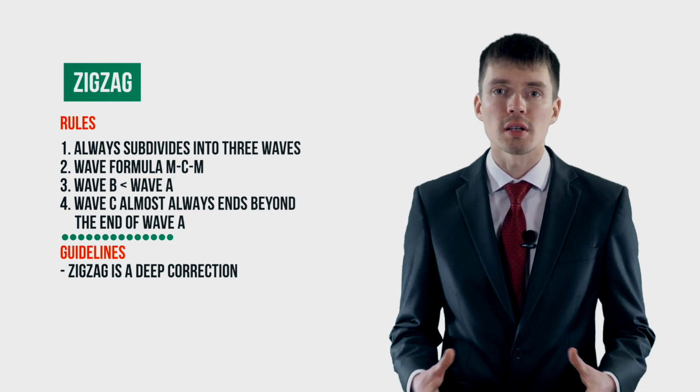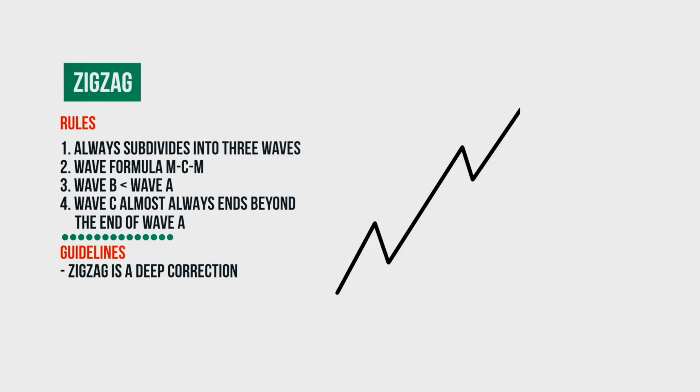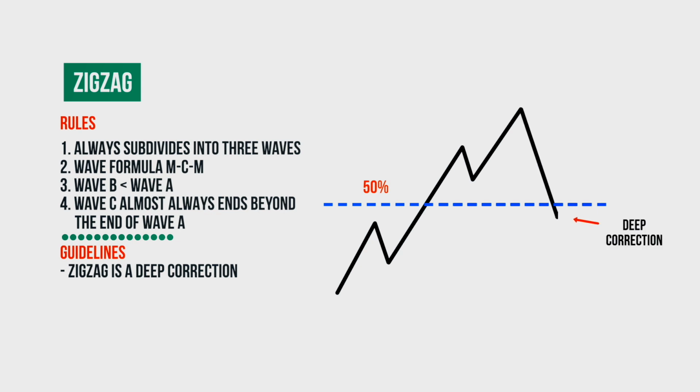To understand this, we will schematically draw an uptrend that is an impulse. We draw a horizontal line along the central part of this impulse, which will display 50% of this impulse. So a deep correction is such a correction which in its construction will go below this line. Accordingly, a shallow correction is one which in its construction does not reach this line.